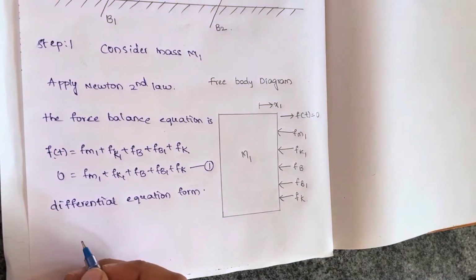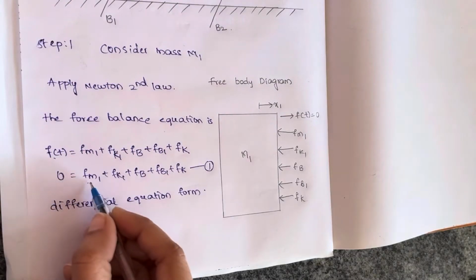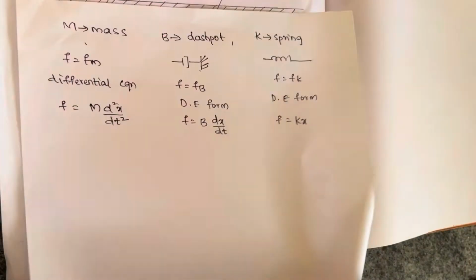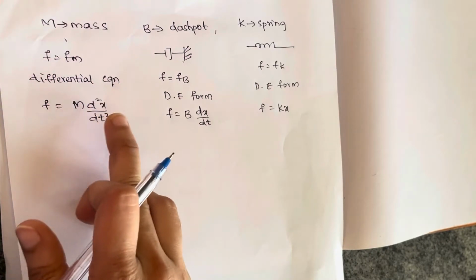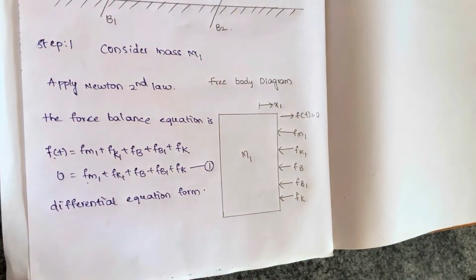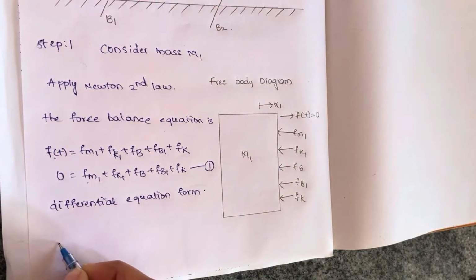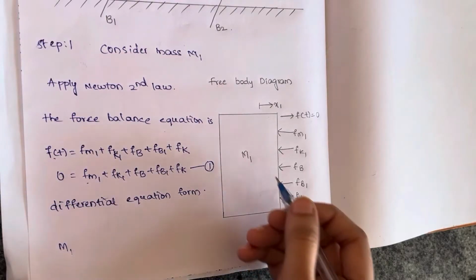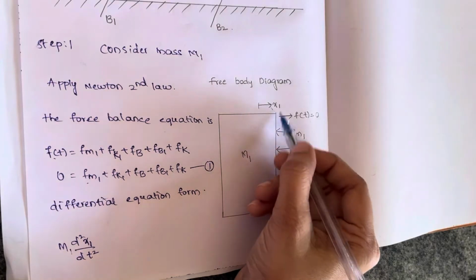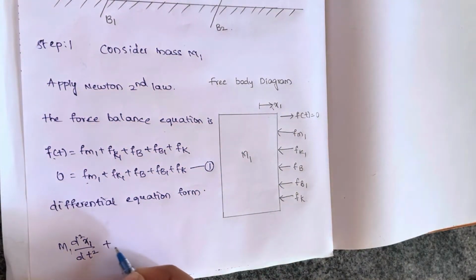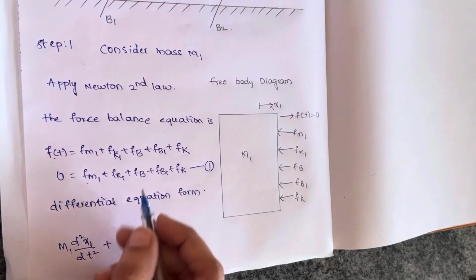Now write the differential equation form for this equation 1. Here fm1 means mass. For mass, what do we write in differential equation form? M into d square x by dt square, right? M1, because we are writing for mass 1, d square x1 by dt square, x1 because the variable is x1, plus k1. K means spring.